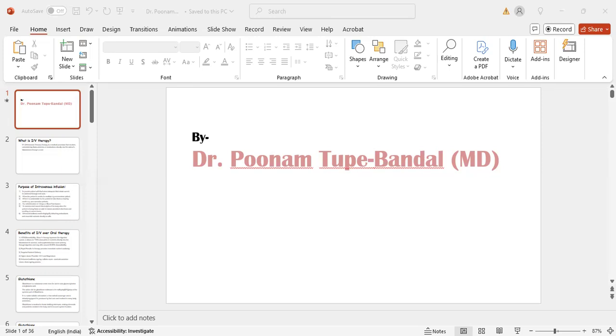Books say 15 angle for ILS, but it is not applicable in practice. You can give at 45 angle for scalp.